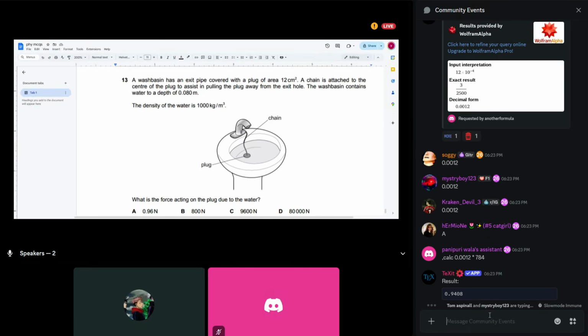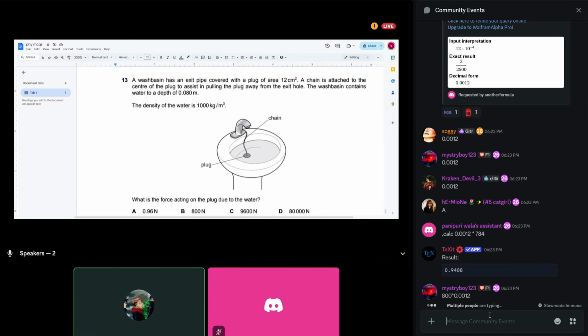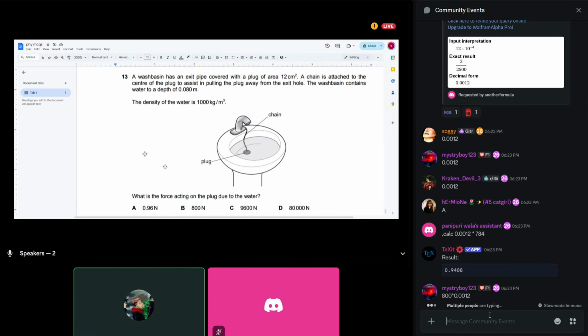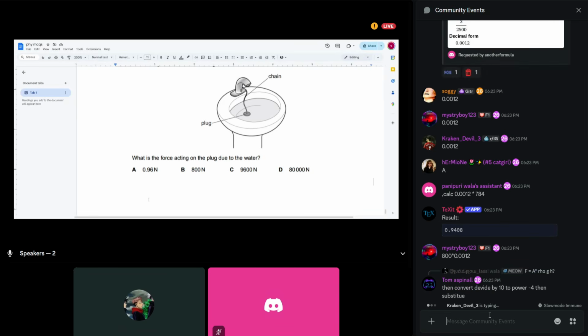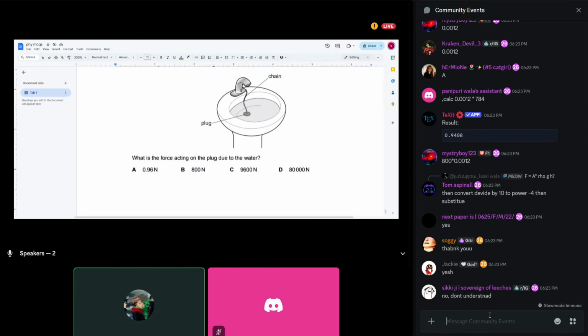Multiply that into 74, which will give us 0.948. But if I had done it with 10, then yes, I would have got 0.96. Do you guys understand? You simply did the incorrect conversion, nothing else.